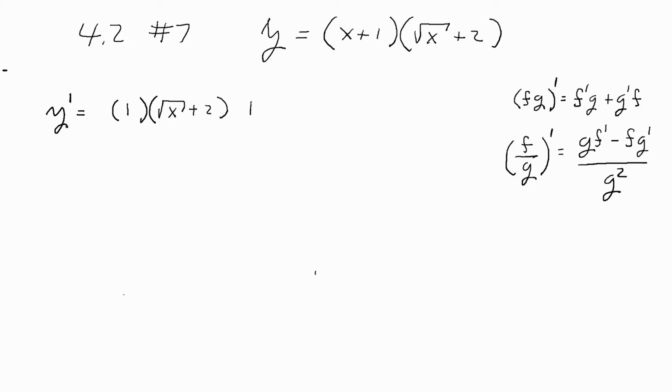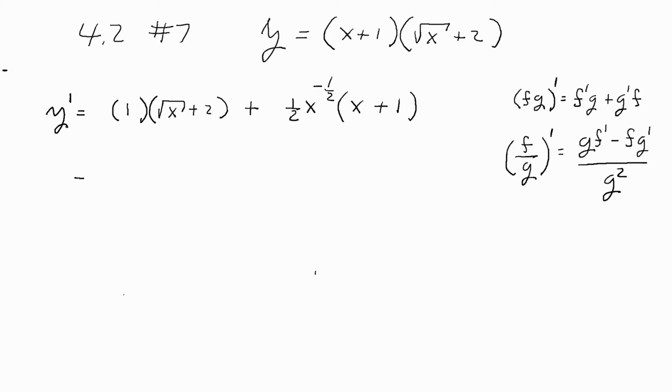And then I have to add to that the derivative of the square root of x, remember that's x to the 1/2 is what I'm looking at there. So this will be 1/2 times x to the minus 1/2. Now I just multiply that times x plus 1.